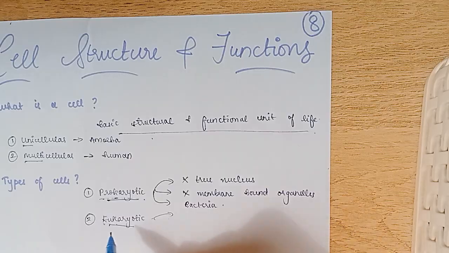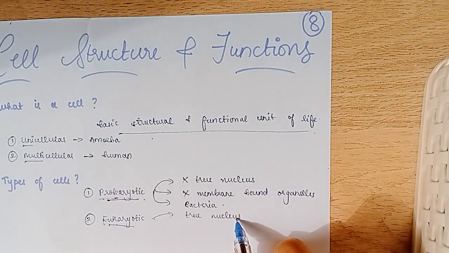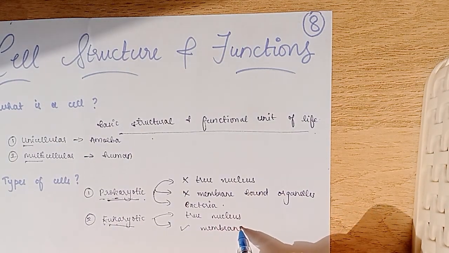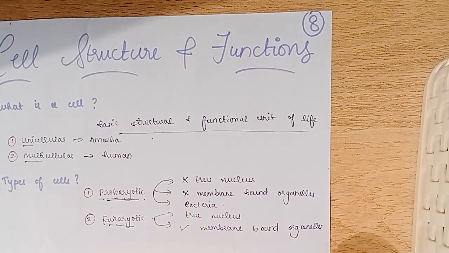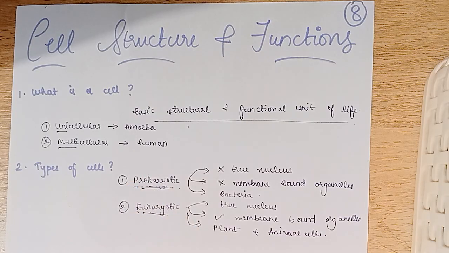That means eukaryotic cells have a true nucleus and they have membrane-bound organelles. An example for a eukaryotic cell is a plant and animal cell. So these are the two types of cells, prokaryotic and eukaryotic.